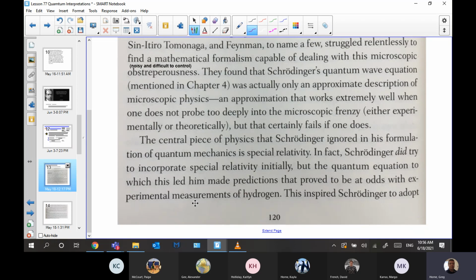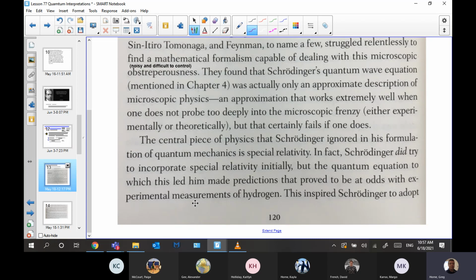Okay, the central piece of physics that Schrödinger ignored in his formulation of quantum mechanics was special relativity. So this is why it's good that I waited until after to talk about this, as it turns out. Schrödinger's wave equations aren't relativistic. They don't accommodate for relativity the way they were originally formulated.